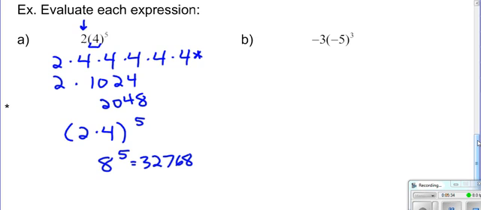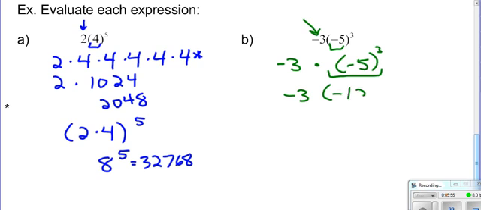Looking at B, again we have a negative coefficient. We have a negative 5 as our base. So this is like negative 3 times negative 5 to the power of 3. Following order of operations, I'm going to solve my exponent first. So negative 3 times negative 125.